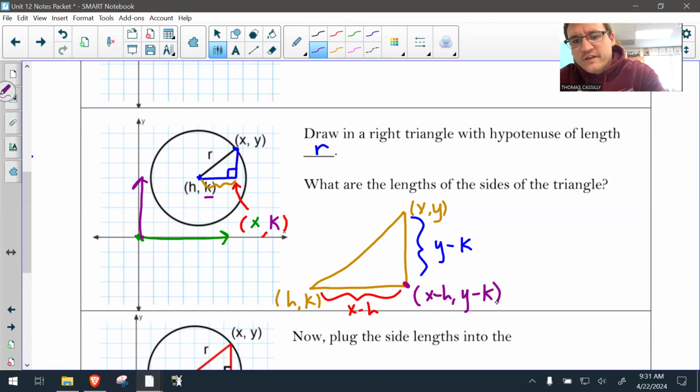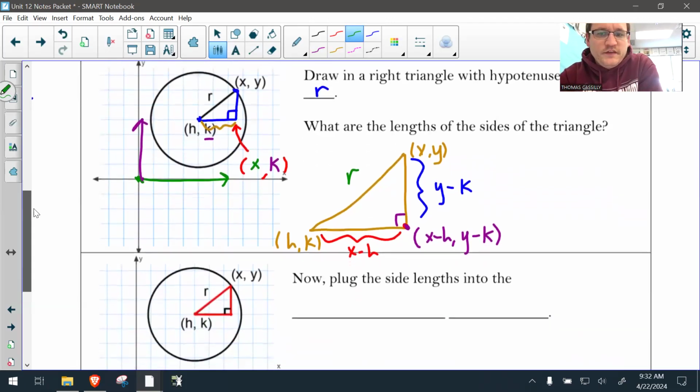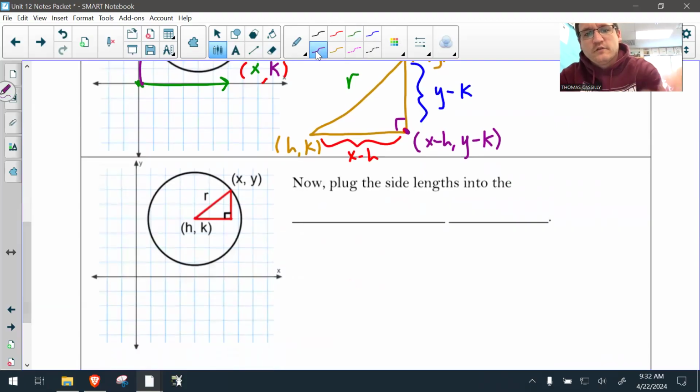That's the value of that bottom point on our right triangle. So the lengths of the legs are x minus h and y minus k, and the length of the hypotenuse is still r. Now plug these into the Pythagorean theorem.